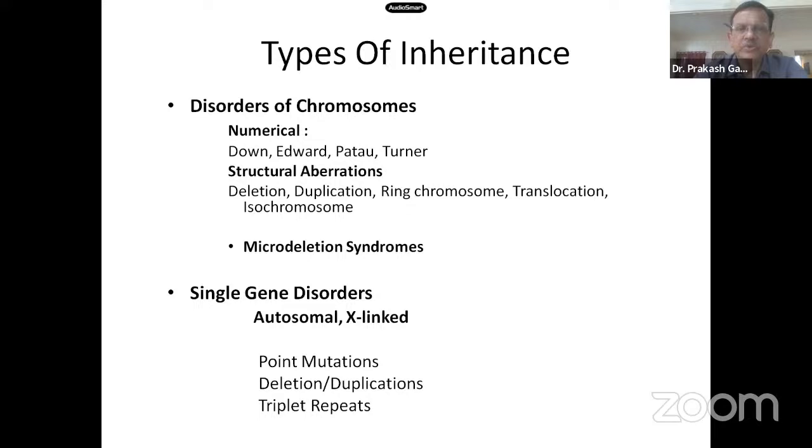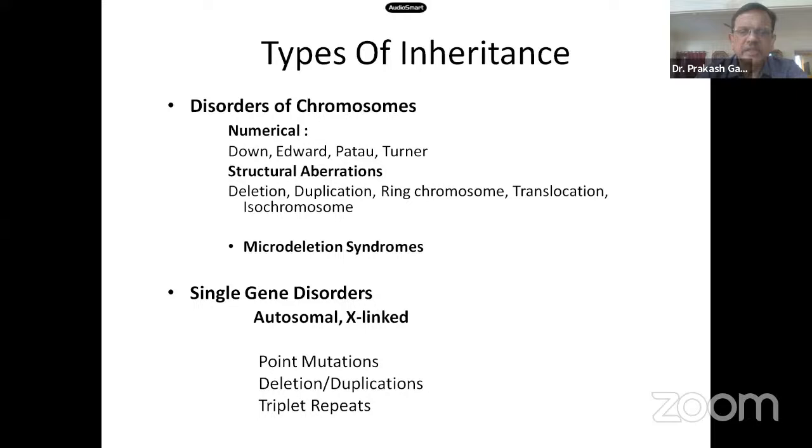Now, when you come to the chromosomal disorders, we can classify them into disorders of chromosome number, like Down syndrome, trisomy 18 or Edwards syndrome, Patau, and Turner, which is monosomy X. Or structural aberrations, like a single chromosome may have a deletion or duplication of a certain part, ring chromosome, or translocation, where some part of a chromosome goes and relocates onto some other part.